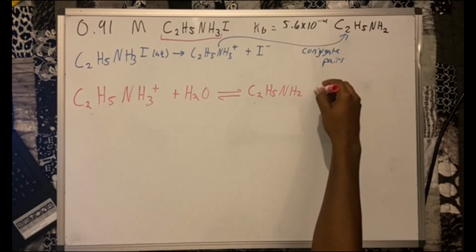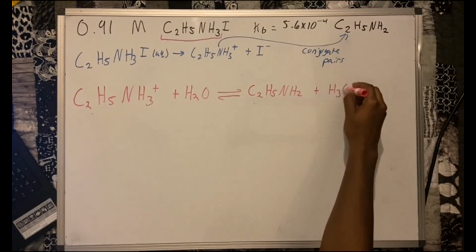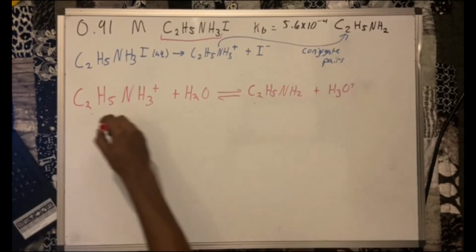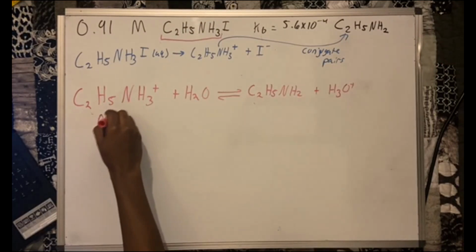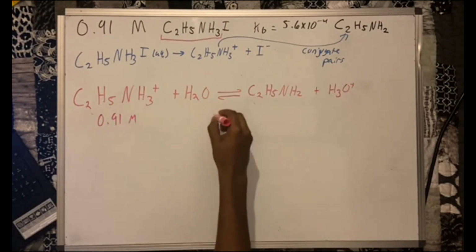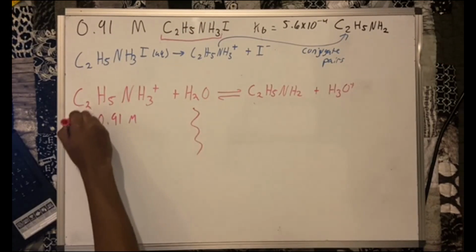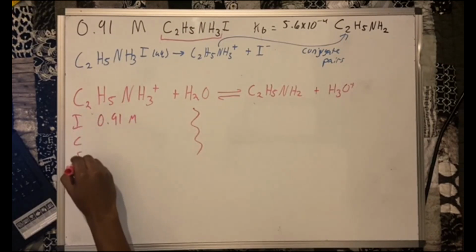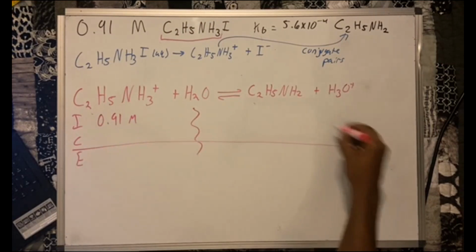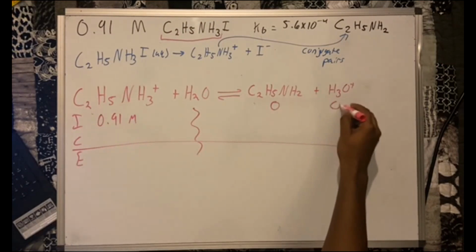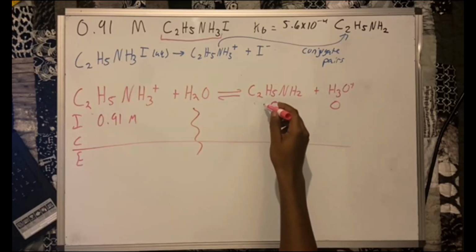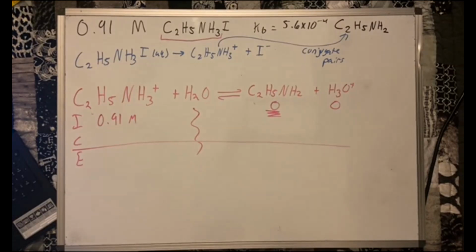Plus my H3O plus. So this would be 0.91 molar. Don't care about the water. This one's 0, that one's 0. So this 0 means I can't use Henderson-Hasselbalch.